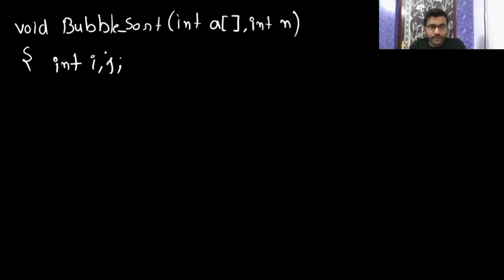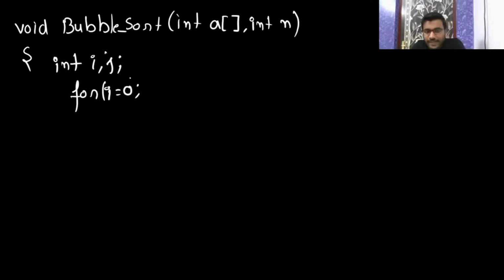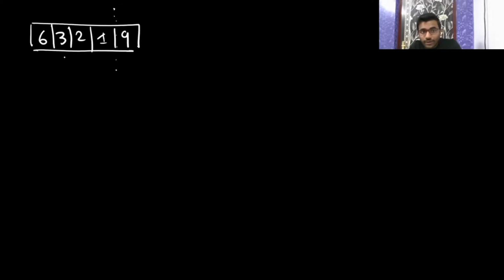Now see, int i, j. So for i equal to 0, first I will use i. This i says how many iterations you have done. To sort these 5 elements, how many iterations do you require? 4 iterations.